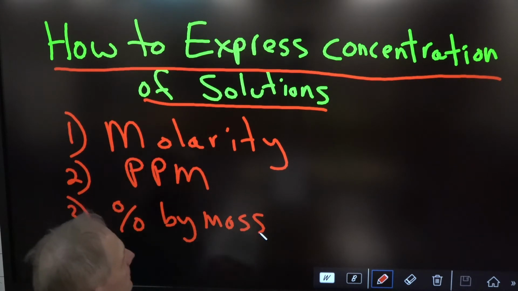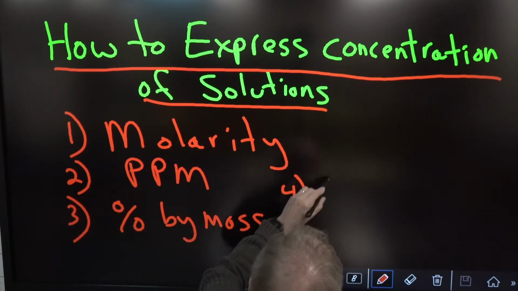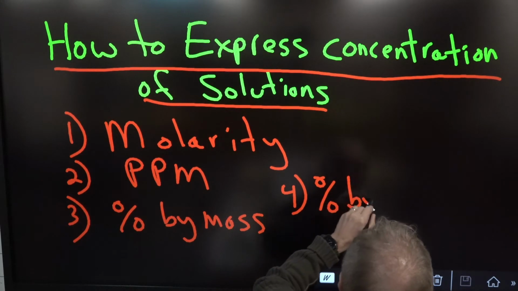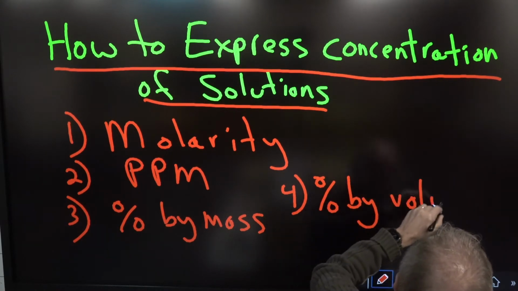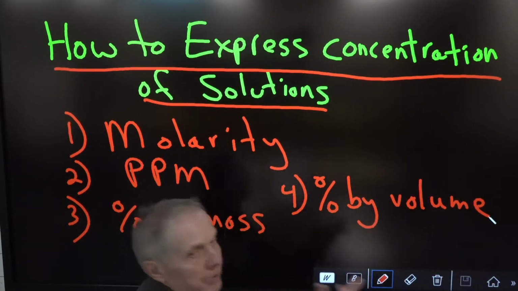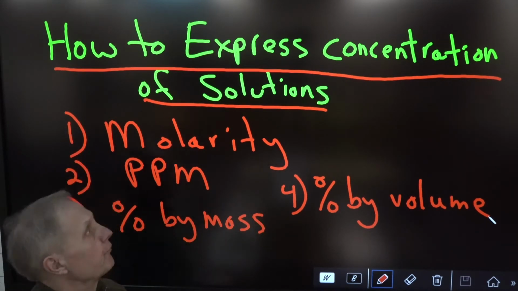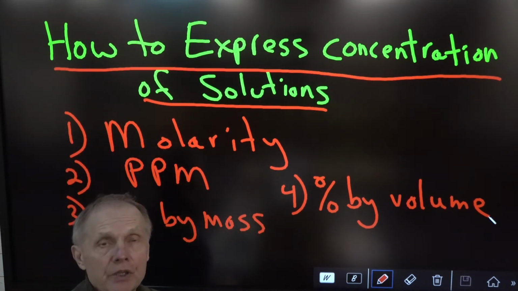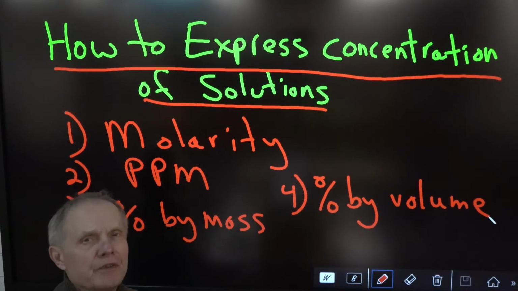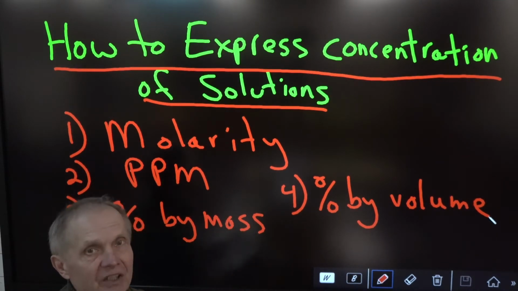And the fourth one is percent by volume. But before we go over these 4 ways to express the concentration of solutions, we have to review what a solution exactly is.